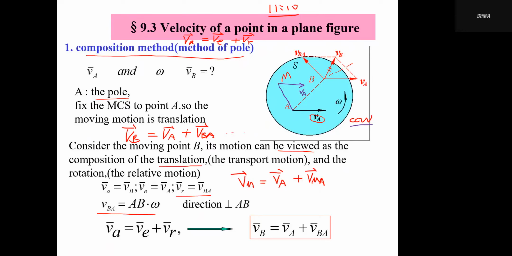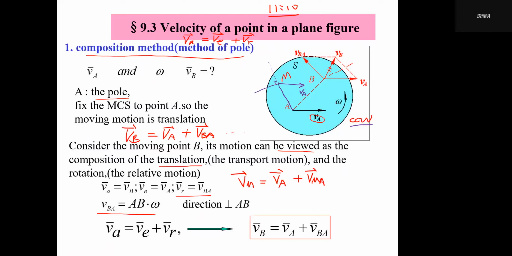We can prolong this AM a little bit, so I just use a dashed line. Then we can rotate this dashed line along the direction of omega, and we can get this.